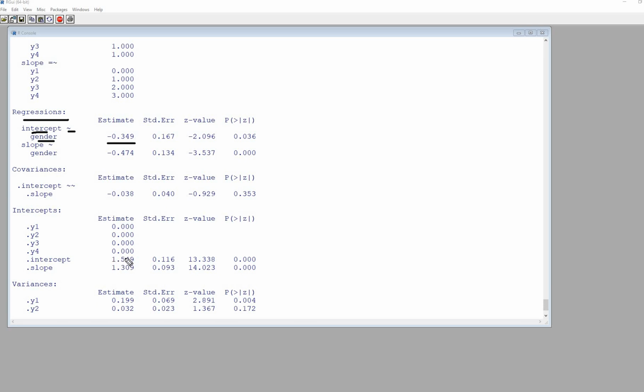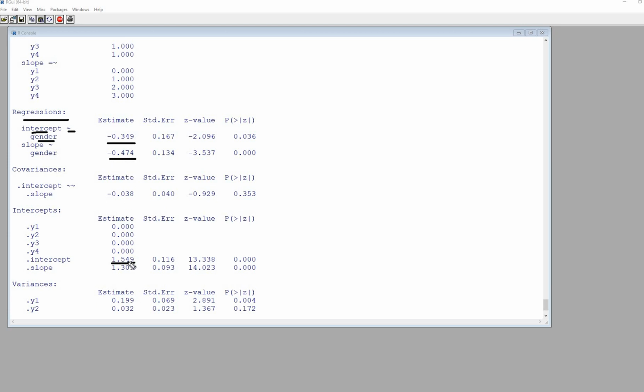Recall that females' initial status was predicted to be 1.549. So if we take that number and add it to this slope, which is negative, that would mean that males would have a lower predicted initial status with respect to customer satisfaction than females.